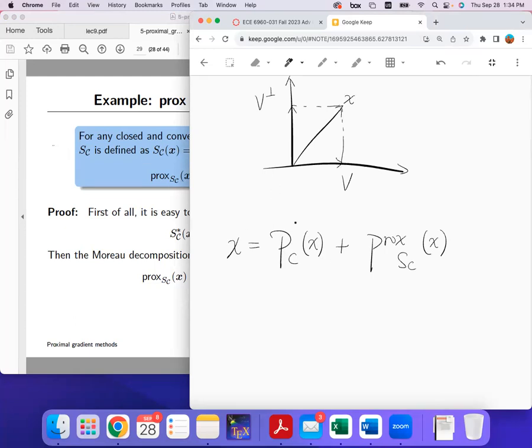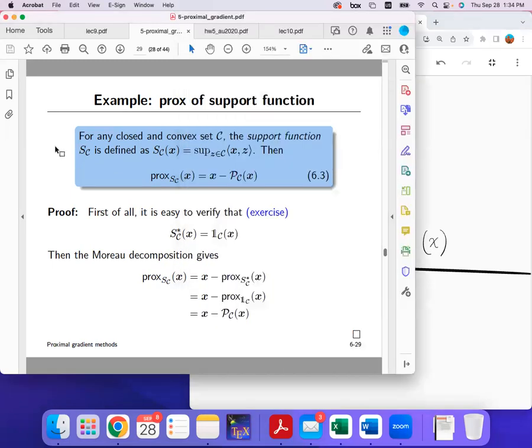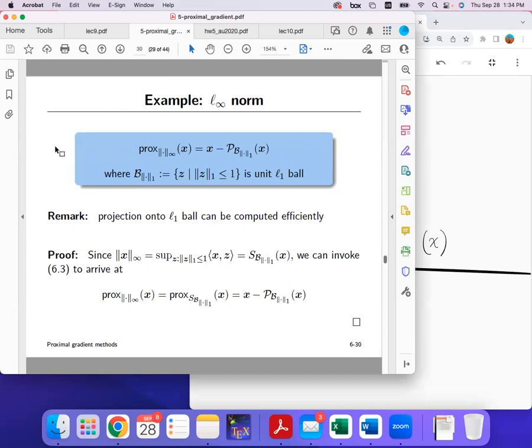But in this equation, C may not necessarily be a subspace. It could be an arbitrary convex set.